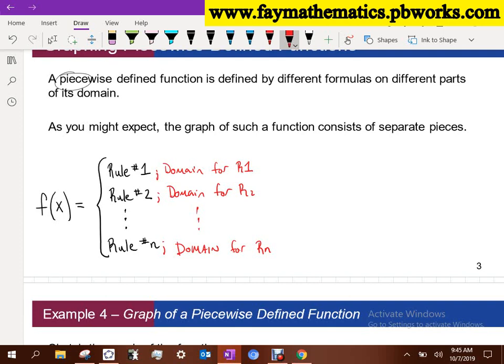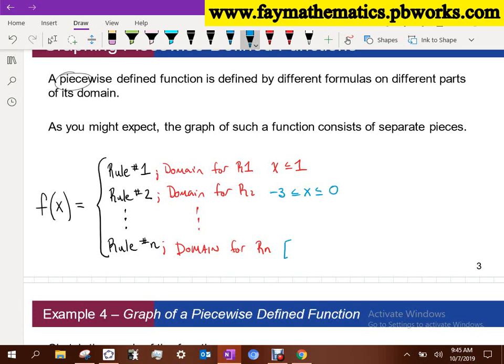Okay, your domains will show up in 2 ways. They will use inequality symbols. So they might say, just to give an example, for the domain of rule 1, x is less than or equal to 1. Okay? They might say here that this rule is for -3 less than or equal to x, less than or equal to 0.